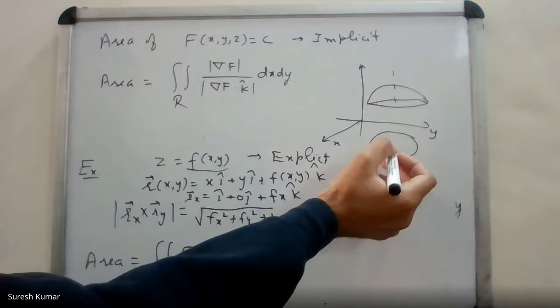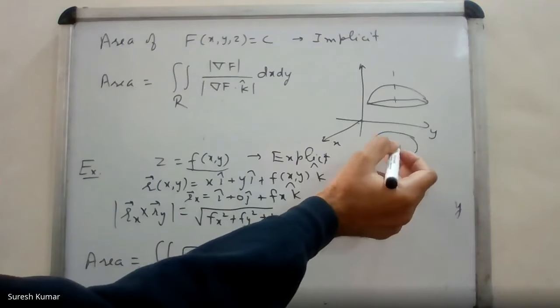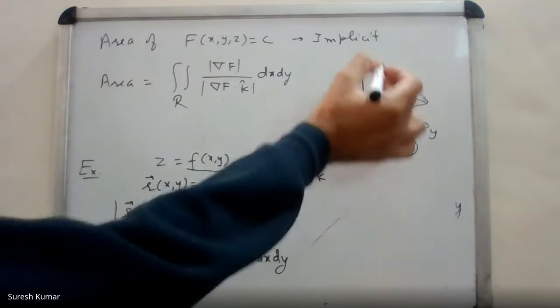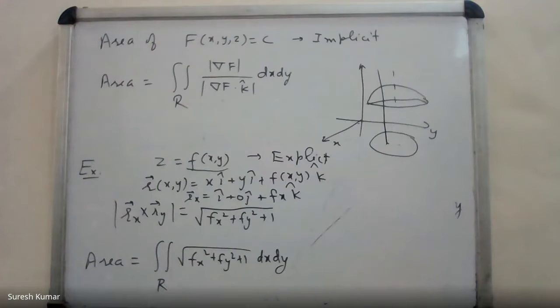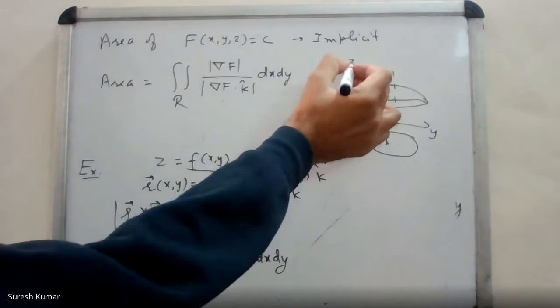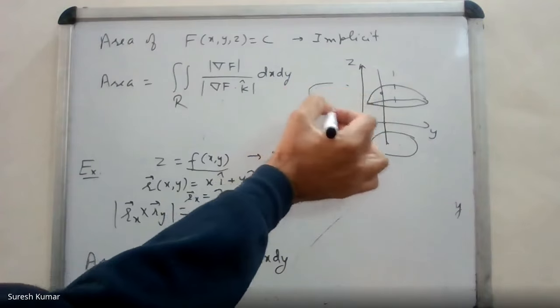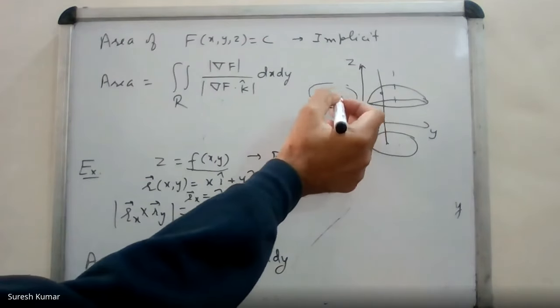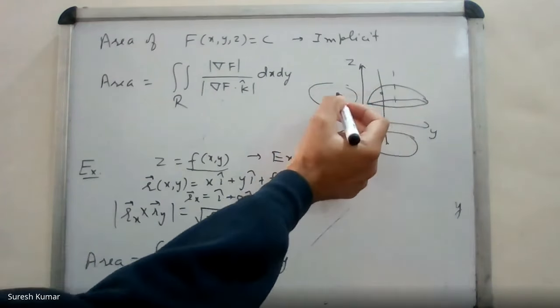Then any line perpendicular to the projected region intersects the hemisphere only in one point. So this kind of projection is allowed. If you want to project the same surface on a different plane, this is not allowed because this time the surface folds over itself.